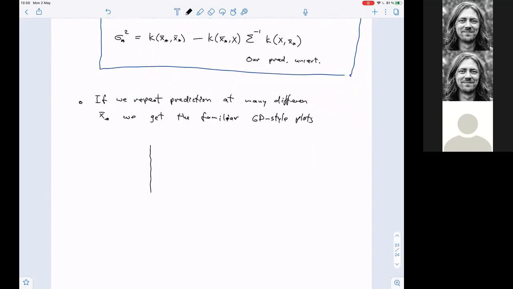Which would be: here's x, here's f of x, here are some known points, and at every other point here, I have computed the prediction, mu star, and some corresponding uncertainty band.